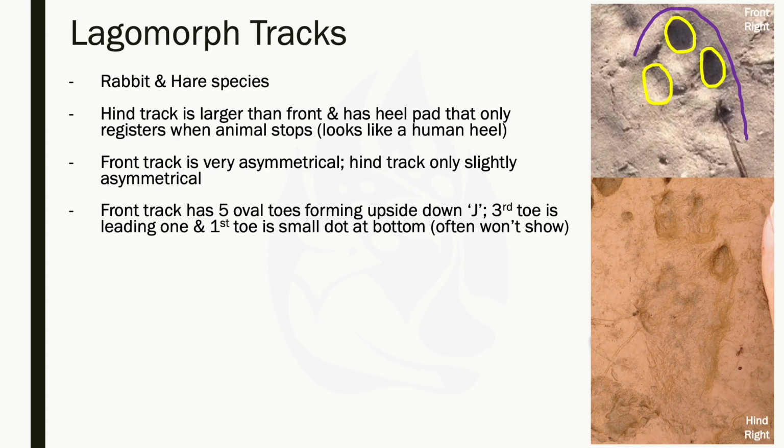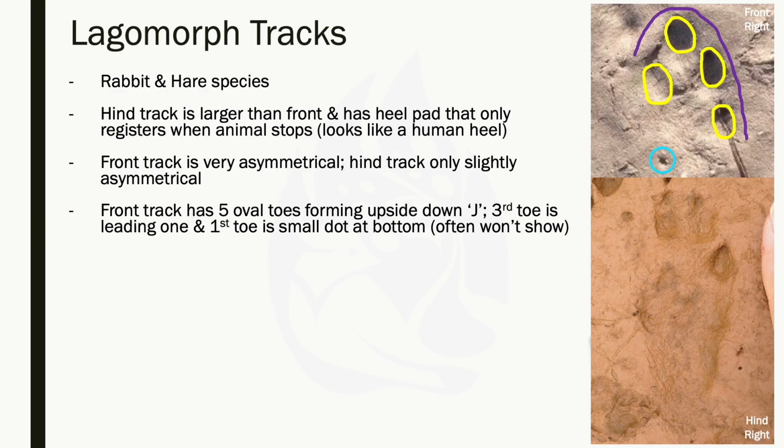That's the one at the top here in yellow. And then I've got toes on either side of it. And I can see here I've got that one lower toe on the outside, and that's where we get that upside down J. There also is an actual first toe on the inside, which is very small and very easy to miss. And you can see it here in this circle on the lower part of that front track, okay? In many cases it doesn't show up, but if you look closely for it, you can see it.